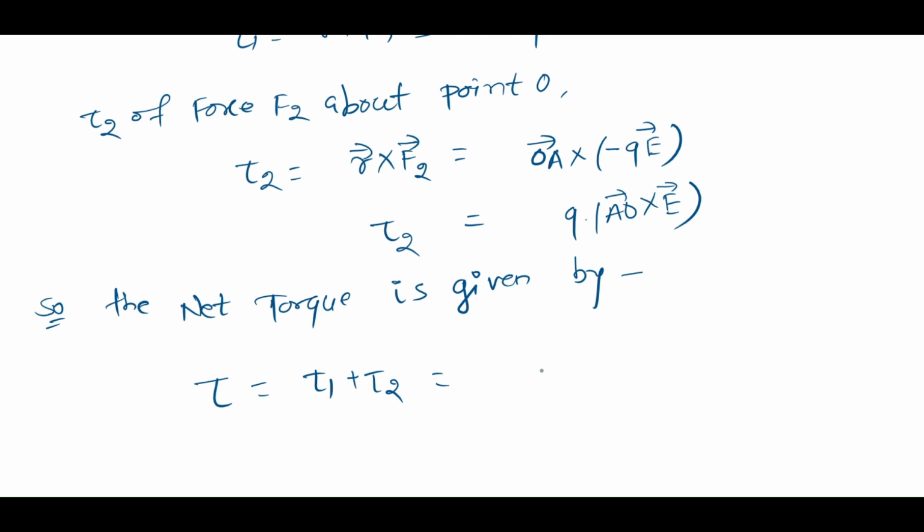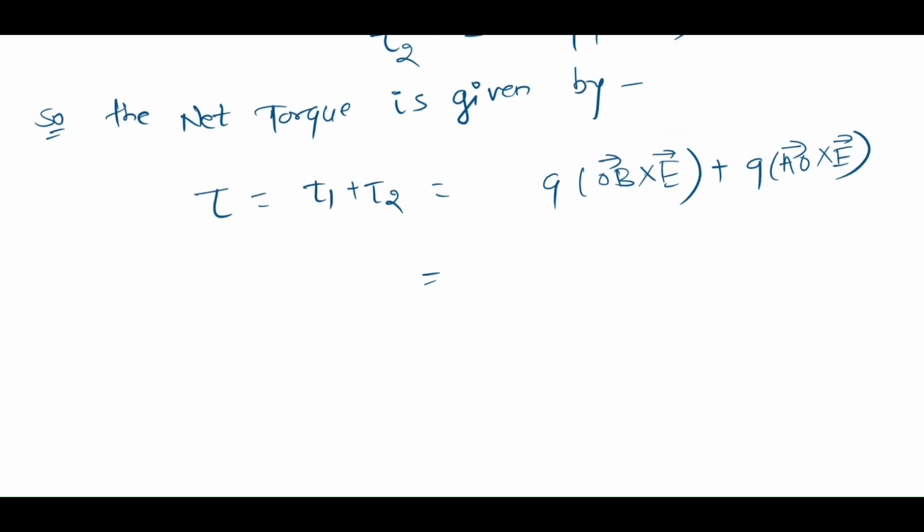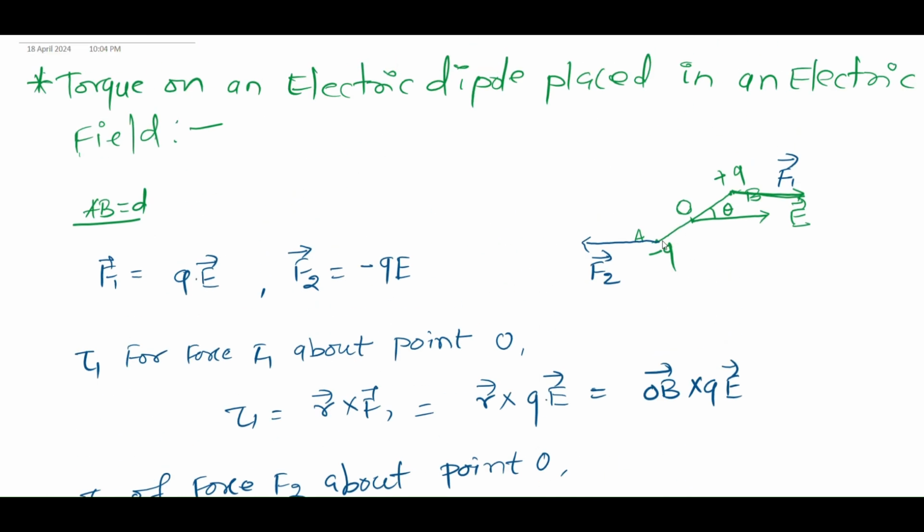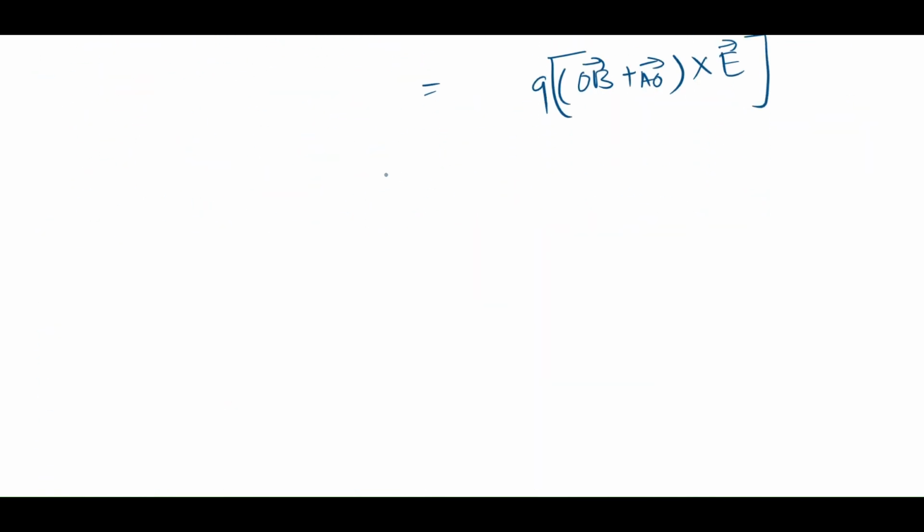Okay, so the value of tau 1 is q OB cross E plus q AO cross E. Okay, so now the torque is q (OB plus AO) cross E. Now from this diagram we are aware that OA plus OB is AB. So in place of OB plus AO, we can write AB.